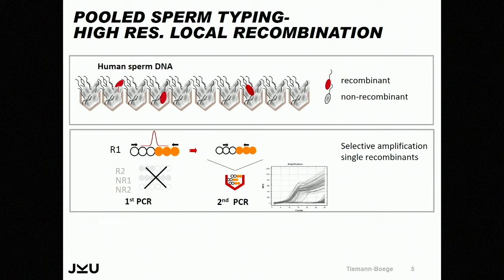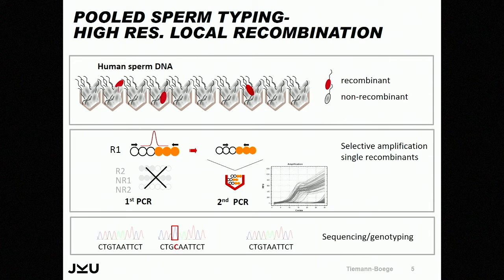And you have to do this in several rounds such that you have a big difference between a single molecule that has a recombination event versus all the other pools that are empty. So basically the amplicons that we get represent copies of a single recombination event. And then you can sequence this or genotype this and really understand what's happening.